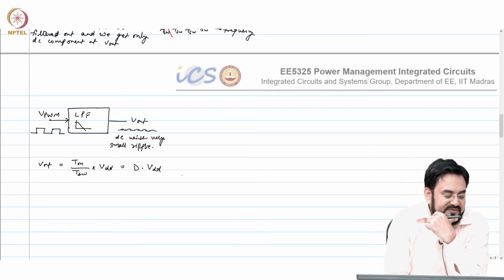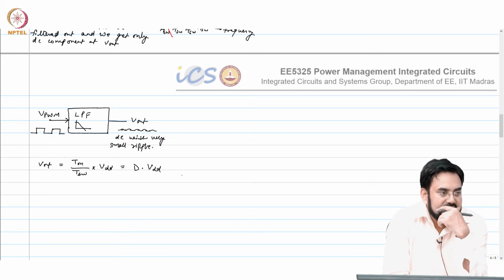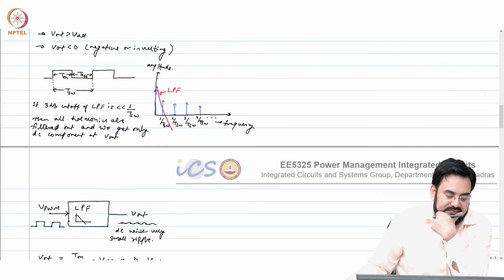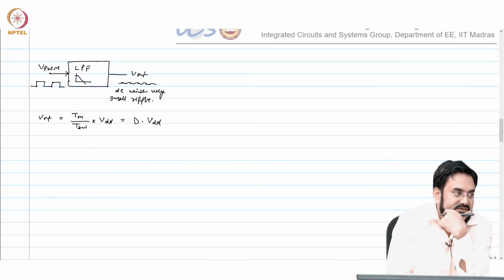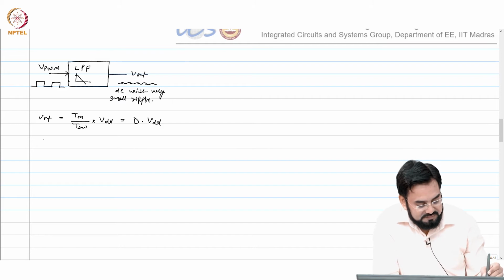So how do we implement this filter? What could be the possible ways of implementing this filter? RC? Okay, let's see.